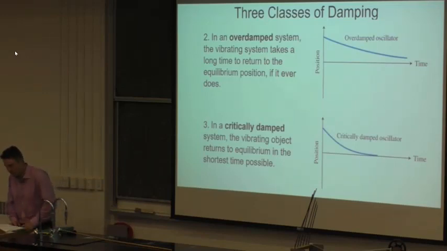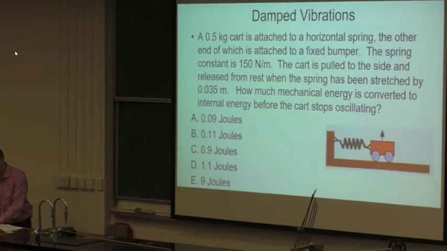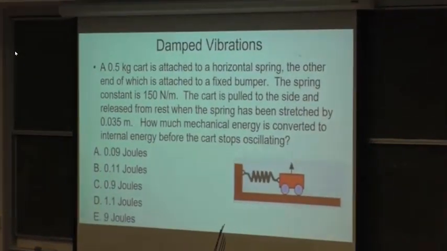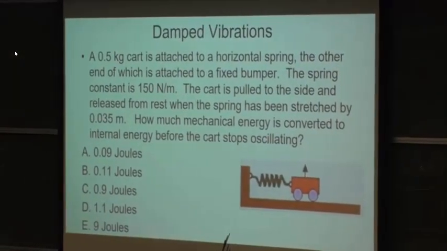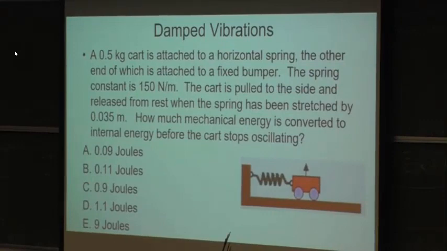I guess I could give you a Learning Catalytics question, which is a little bit of review of chapter 10. Let's do it. That should be on your device. A 5.5 kilogram cart is attached to a horizontal spring, the other end of which is attached to a fixed bumper, a wall.